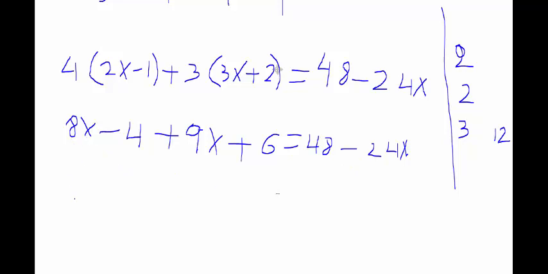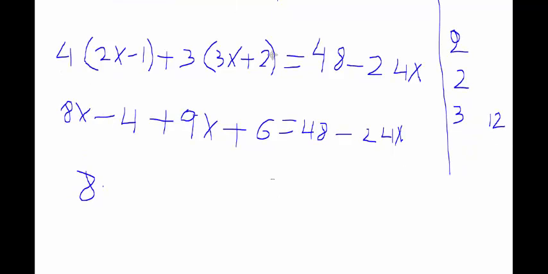So we have 8x plus 9x, and there is a 24x on this side, and you remember that in order to take it over to the left side, it has to pay the ticket, and the ticket is it has to change the sign. Instead of minus 24x over here, it will be plus 24x.